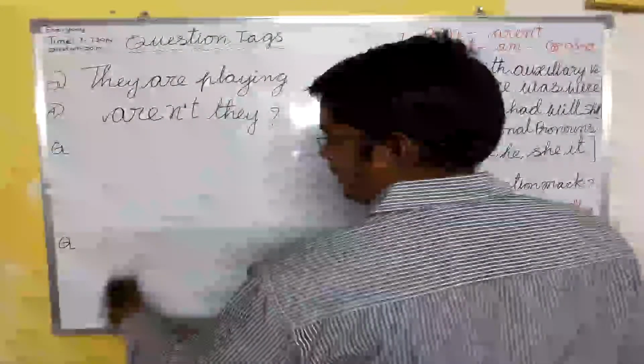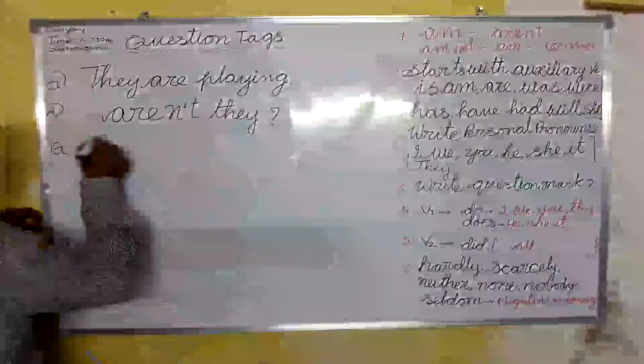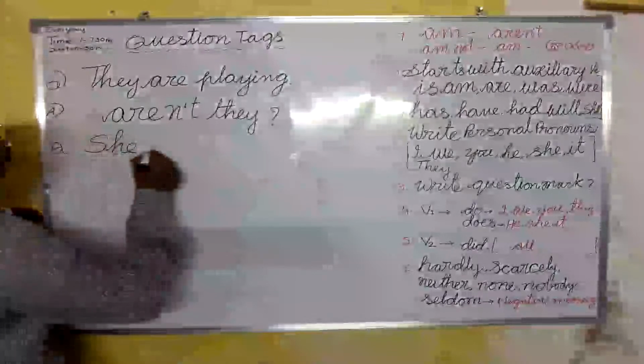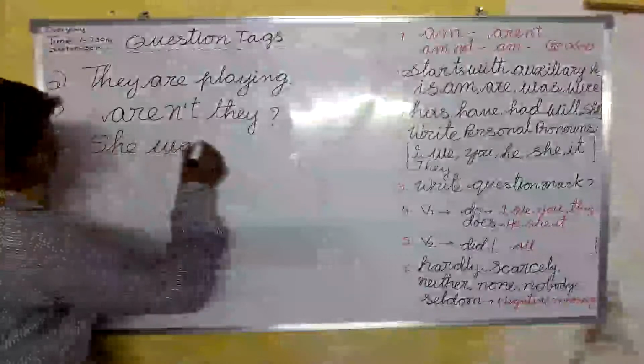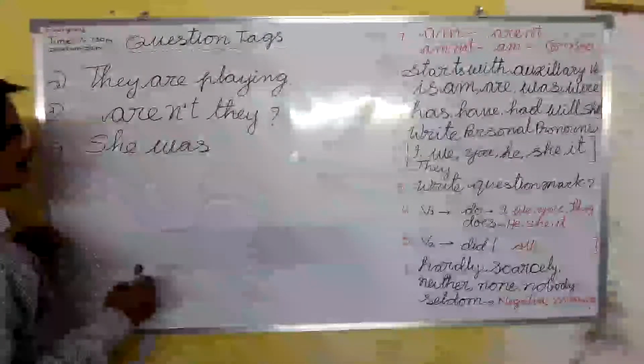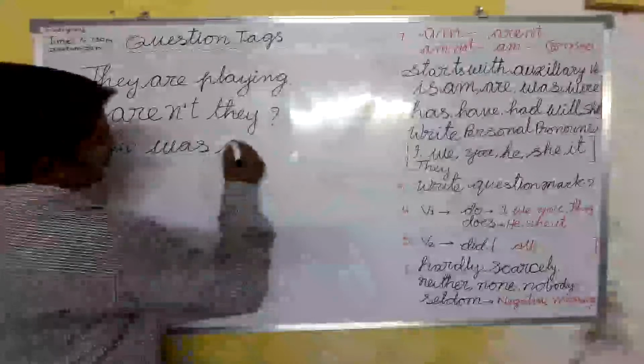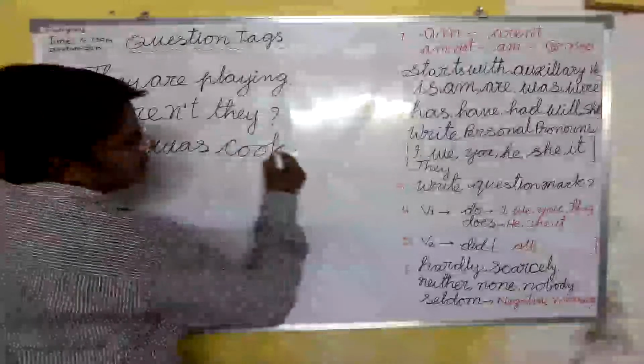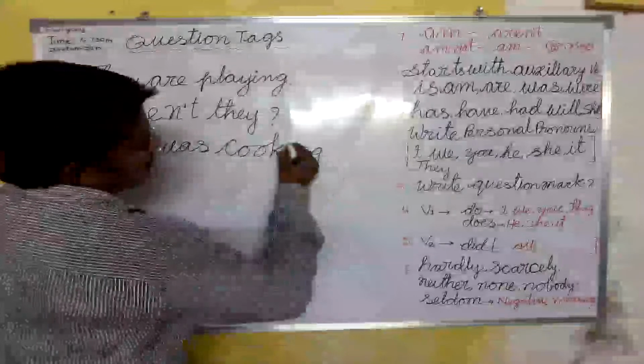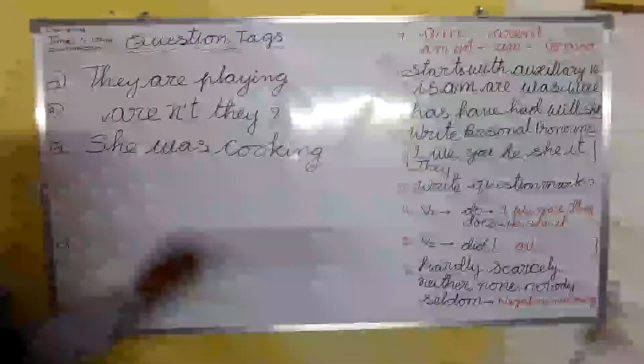So, aren't they? After that, we shall write with was. W-A-S, was. She was cooking. What is the question tag for the sentence?